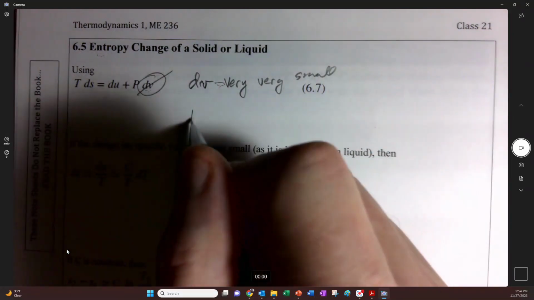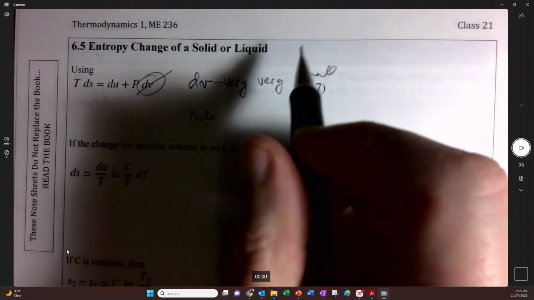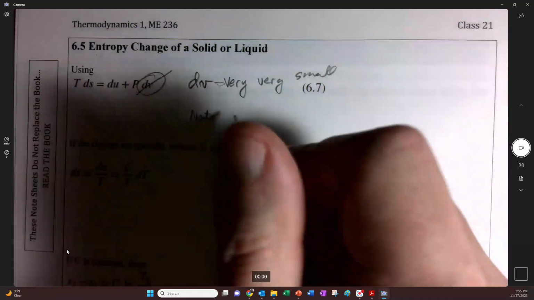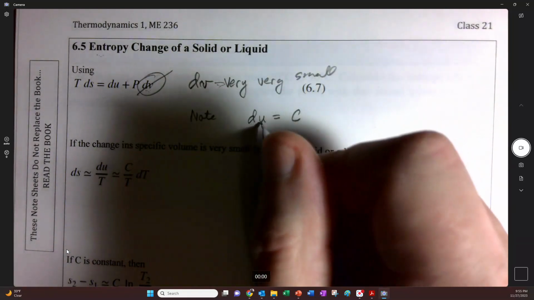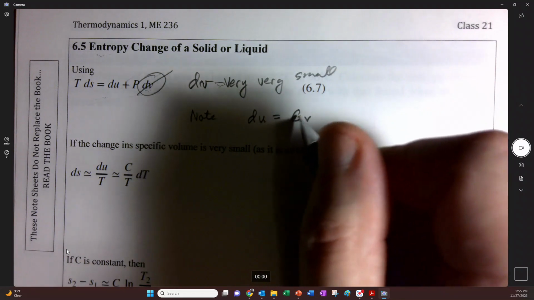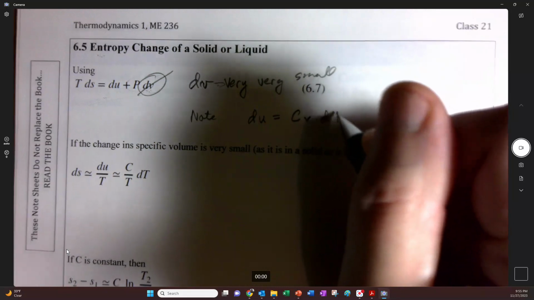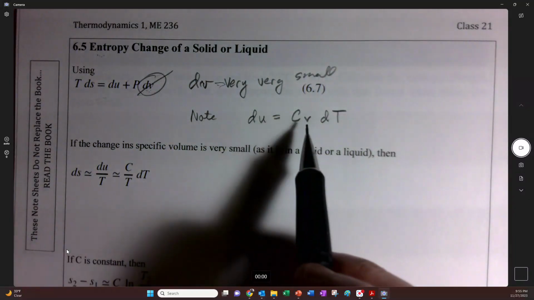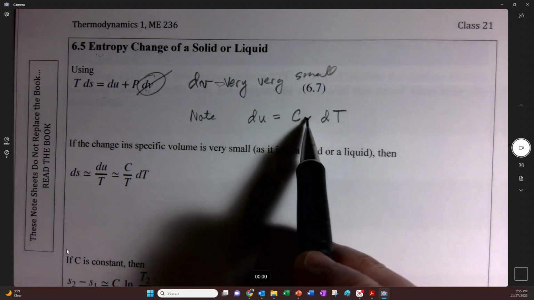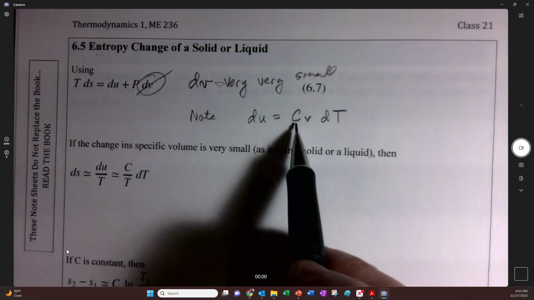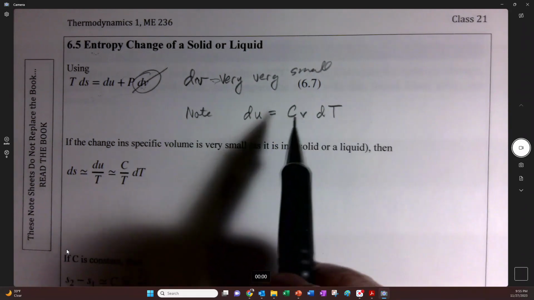And then we also note that if the volume is constant right here, we can also, if you'll recall, we had a definition of internal energy as Cv, a constant volume specific heat, times dT. And quite often for solids and liquids, we will just not even bother with the v in there. We'll just call it the specific heat, because it's what we use most often.